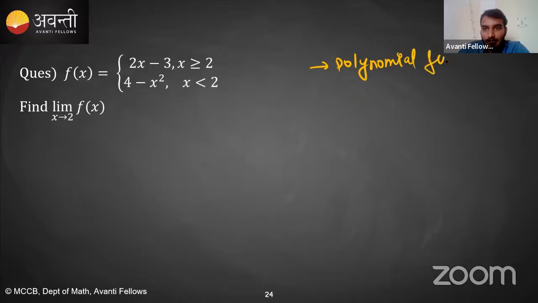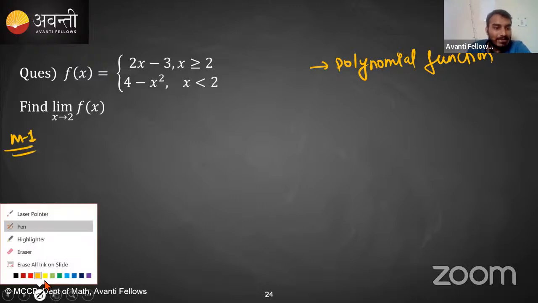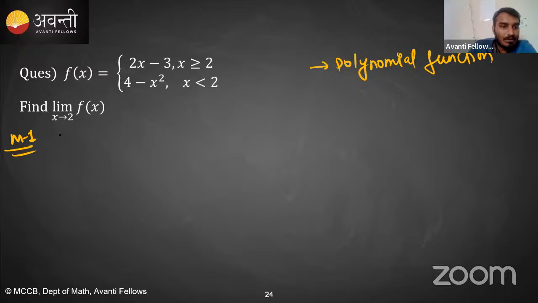Here I'm going to show you that in a polynomial function there is no need to find the left hand limit and right hand limit separately. Directly you can find. So first of all, method 1 is finding the LHL and RHL separately. What is method 1?